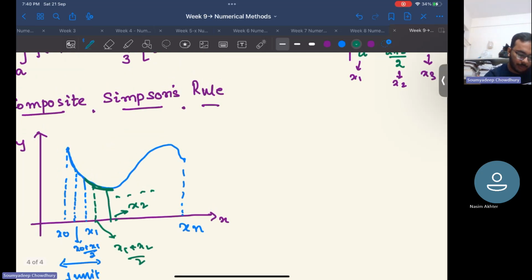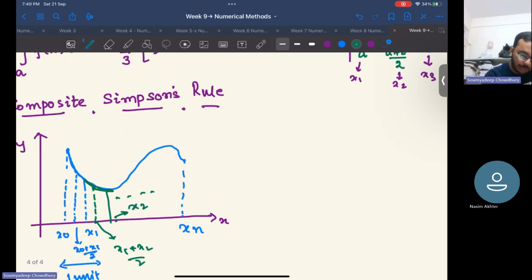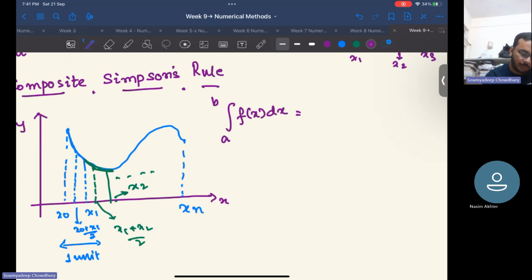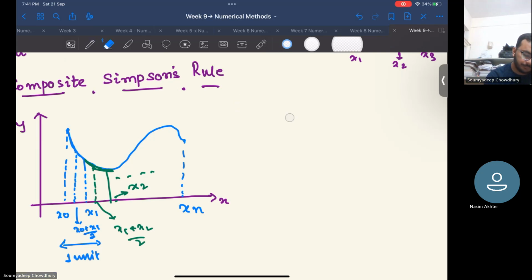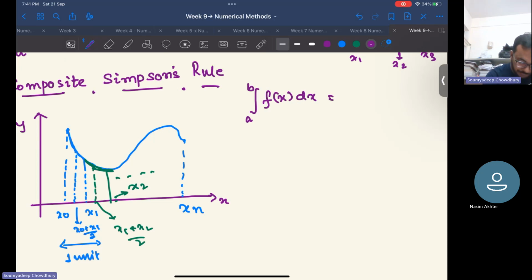So now, if I just add up all and if I simplify this, what we will get? The integral from A to B of f(x) dx, if I just sum up, is equal to h by 3 times f of x naught plus f of xn.